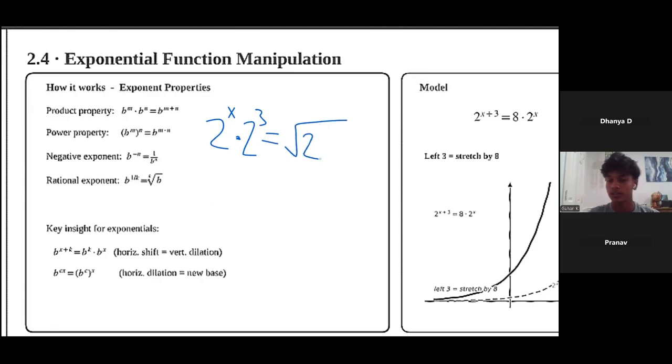Now this is going to combine some of our exponent laws. So we know that when we're multiplying two numbers with the same base and different exponents, we can just add those exponents. So the left side is going to become 2 to the power of x plus 3. And then the right side is going to be our rational exponent rule.